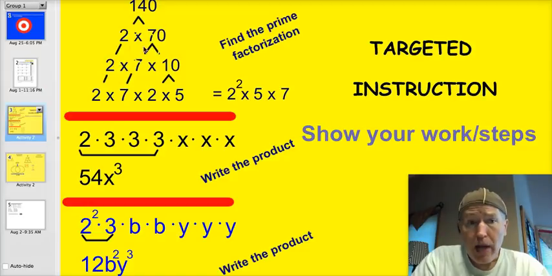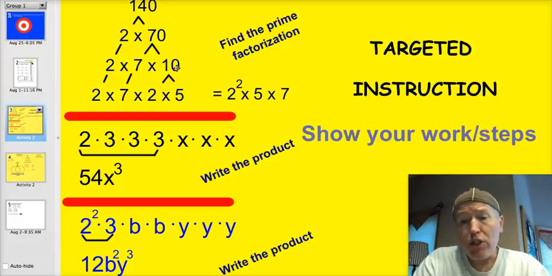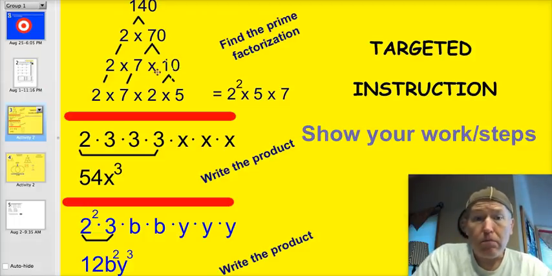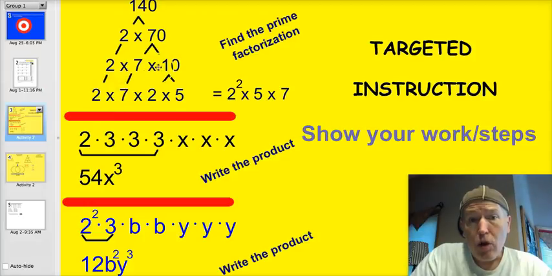So I bring my 2 down, and then I break the 70 down into 7 times 10. So now I have a string here, and I have 2 primes, but 10 is still composite. Prime factorization is when you have a string of all prime numbers that multiply together to equal the given number. So you can see I broke the 10 down into 2 times 5.